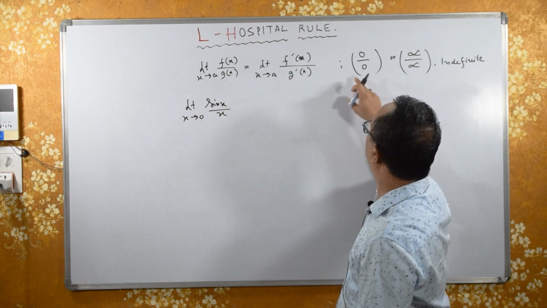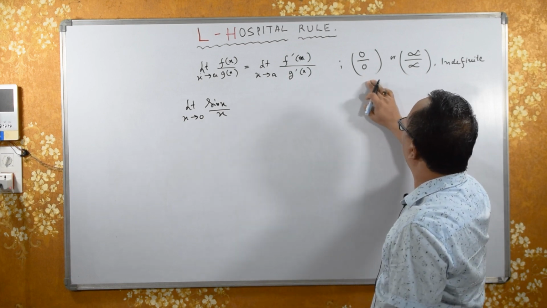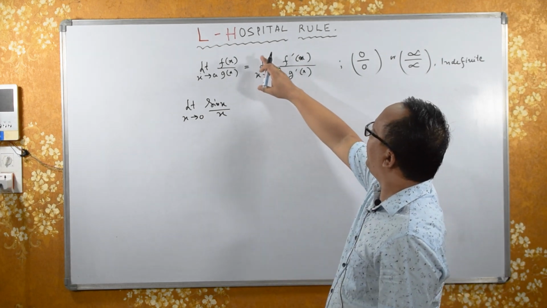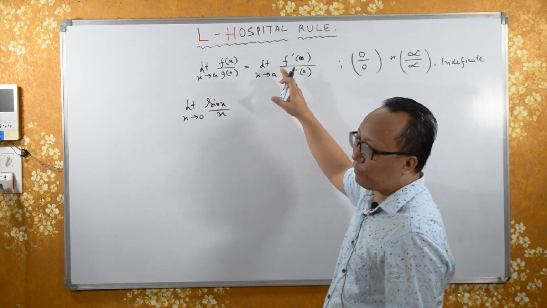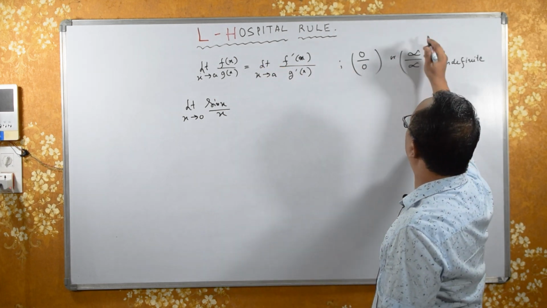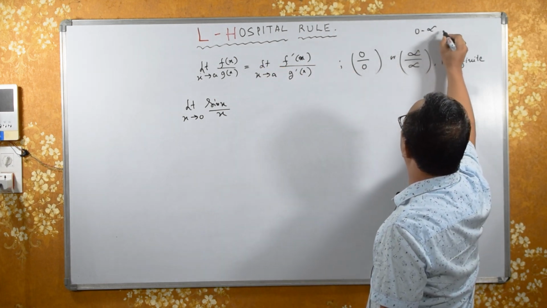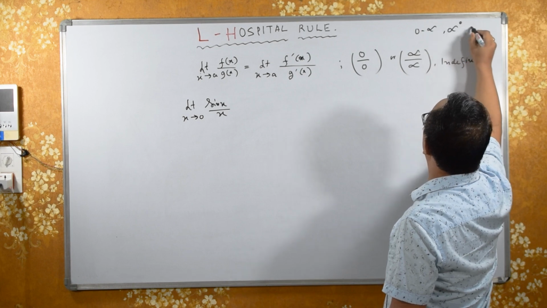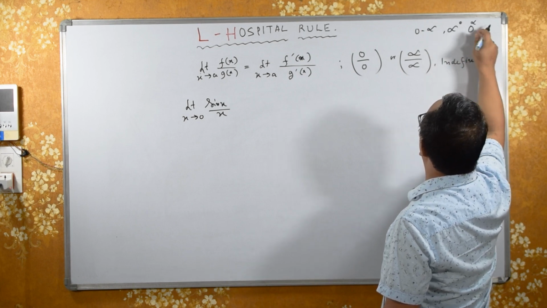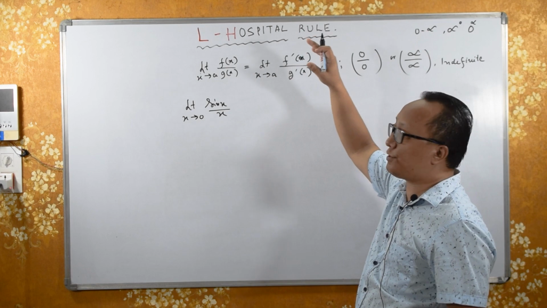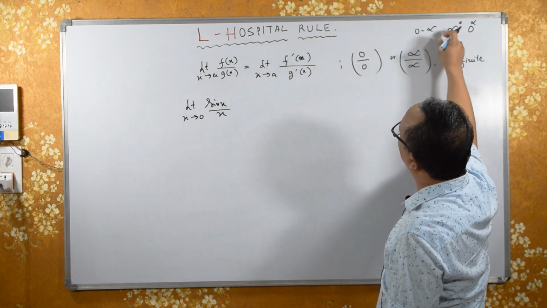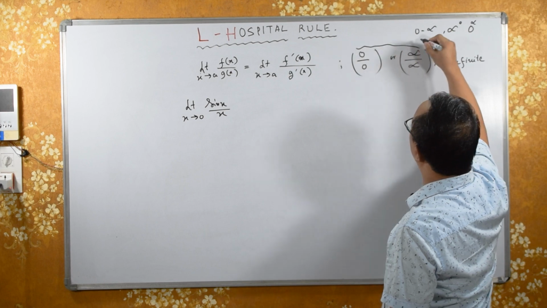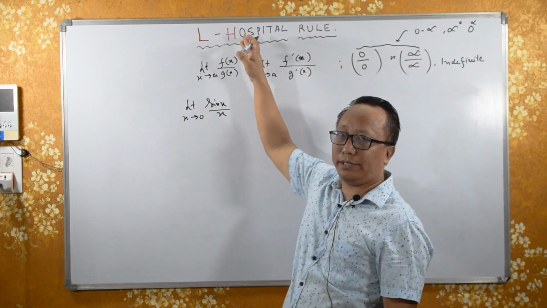Normally we apply L'Hôpital's rule to this form. There are some others, like 0 times infinity, infinity raised to 0, 0 raised to infinity. A lot of limits can be brought into either of these two forms, and we can solve them by this rule.